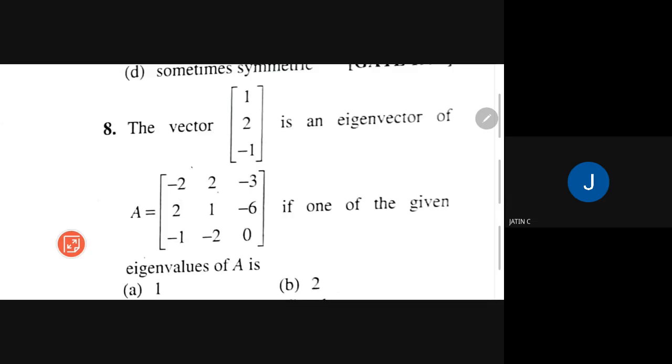Just multiply and check, sir. Right. You multiply A with that given vector and see what is the scalar multiple. That's all. Yes, sir. Some lambda into 1, 2, minus 1 will come. That will be the answer. Can you tell what is the answer?